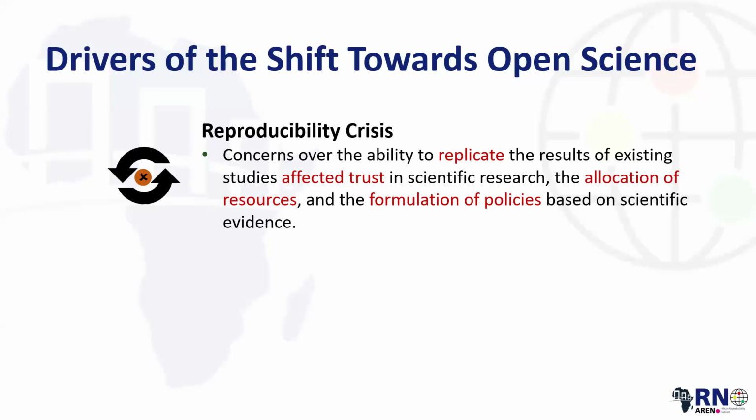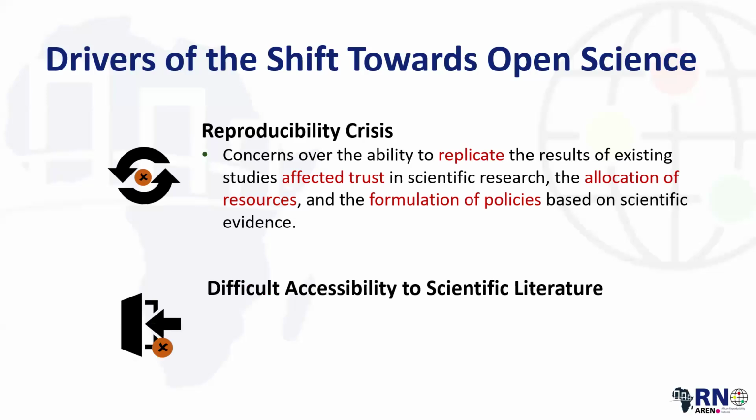There is allocation of resources, and there is formulation of policies. If the research is not reproducible, you're basically building your policies and distributing your resources based on no evidence. So this was the very first trigger that made people think that open science is important.